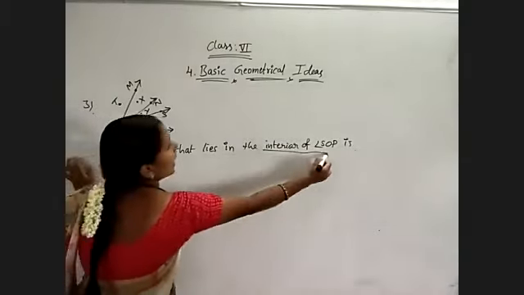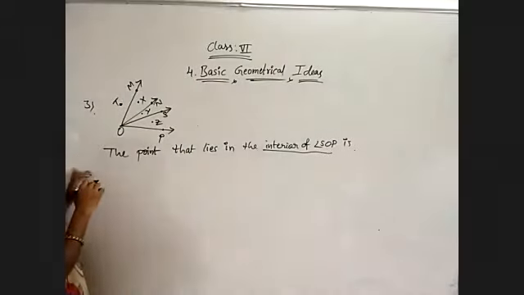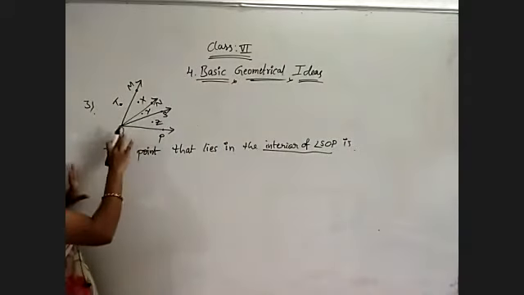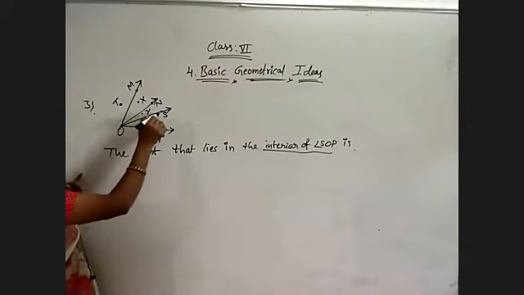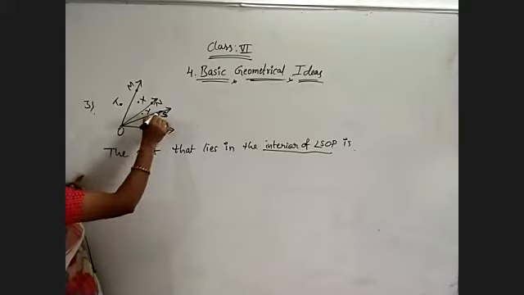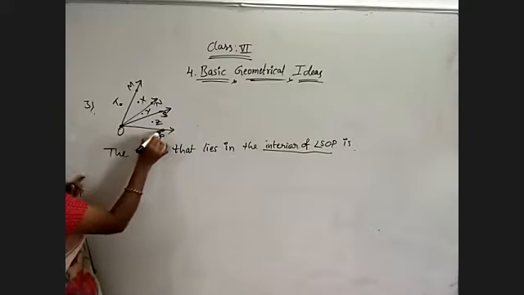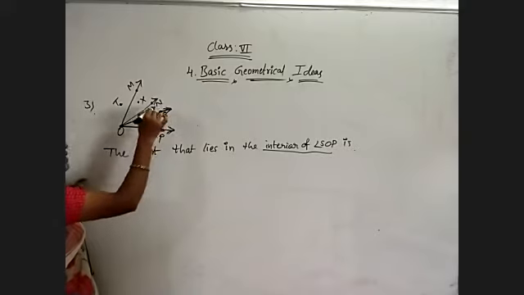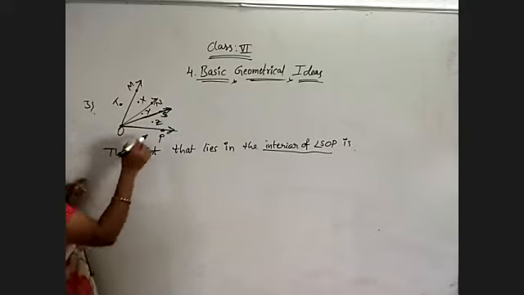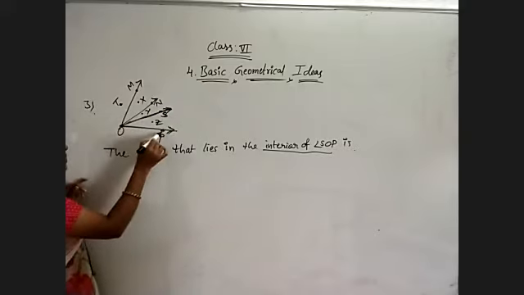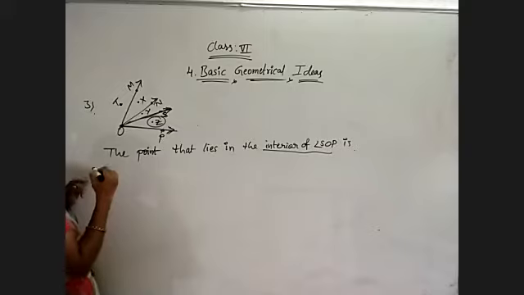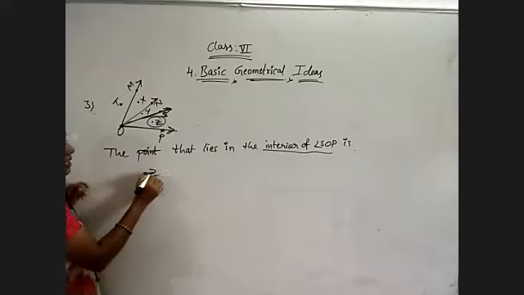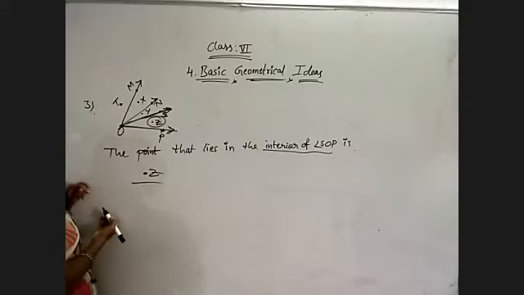Interior of angle SOP. What is the angle SOP portion? Interior portion, observe. SOP. This is the required angle region. This one. Interior of angle SOP. Which point is this? Z. So point Z is in the interior of angle SOP.